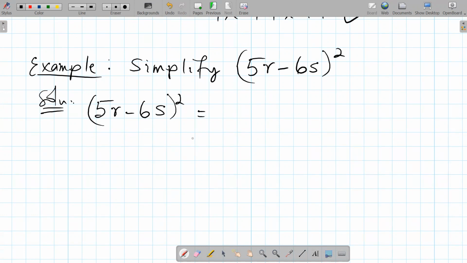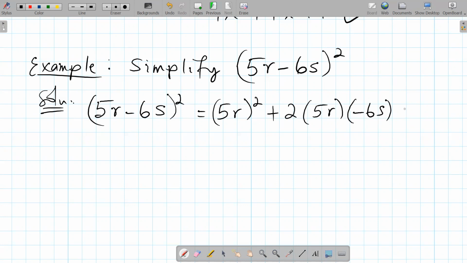Remember the rule, the first term has to square. So 5r all squared. There should be a middle term that will be this 2 times whatever is in your first term times everything in your second term, or the last term. And finally, the last term also squares.